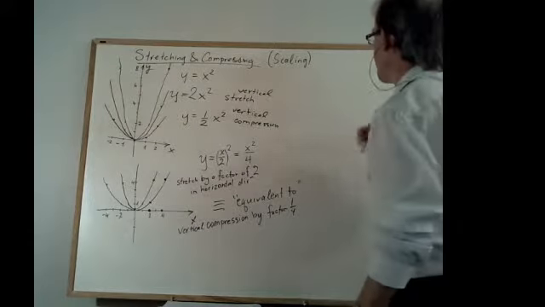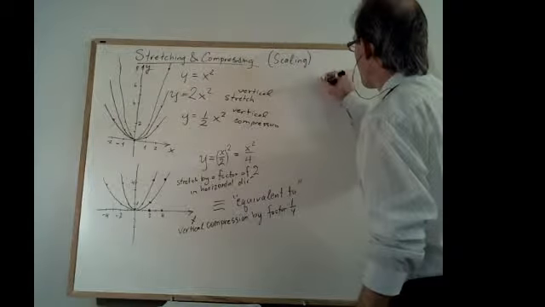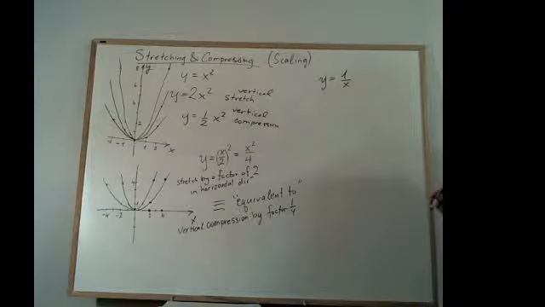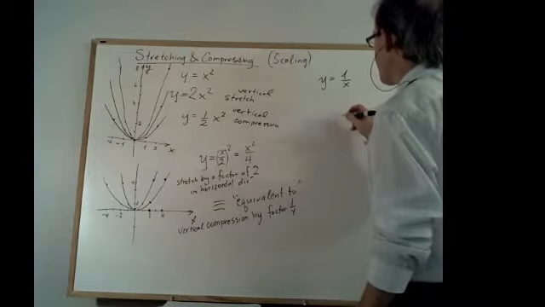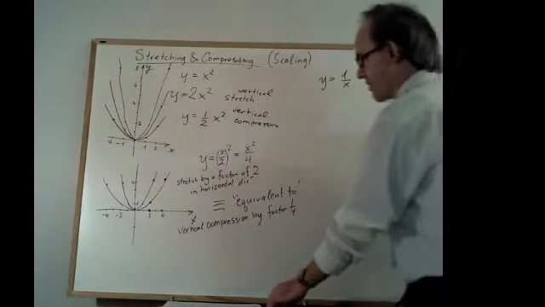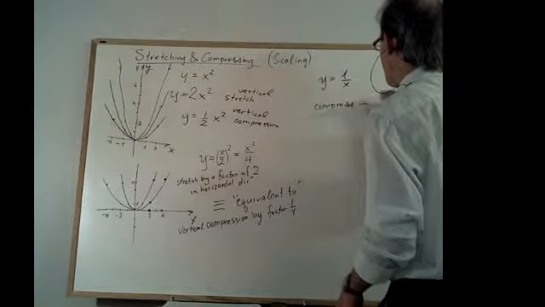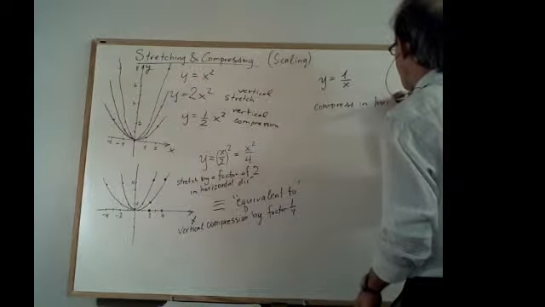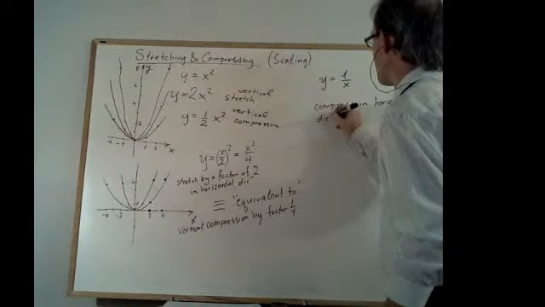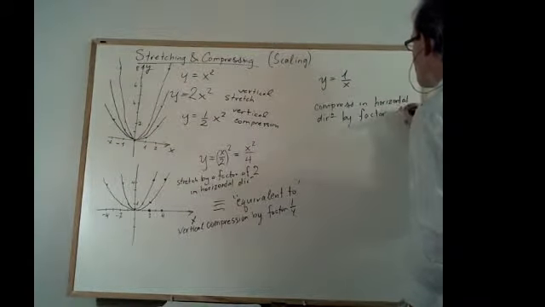Okay, so other toolkit functions that you might encounter are y is equal to 1 over x. All right, so now let's say I compress in the horizontal direction by a factor of 1/2.